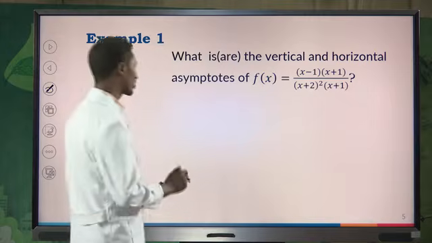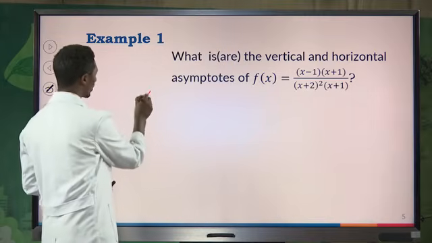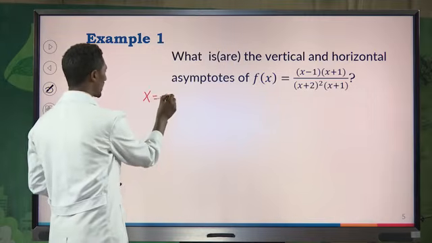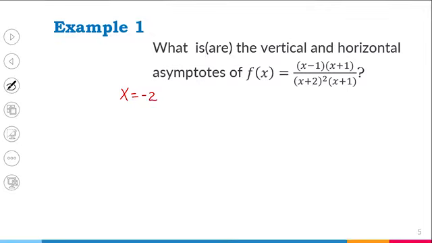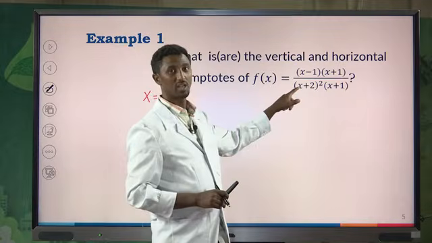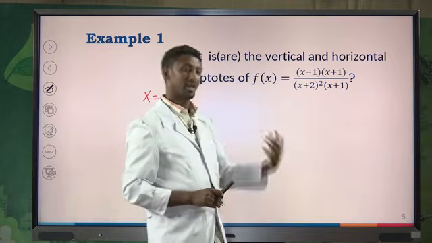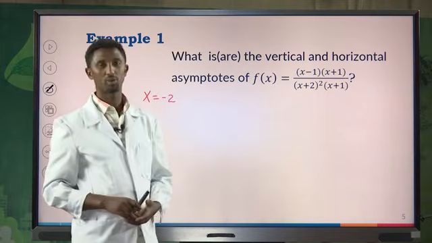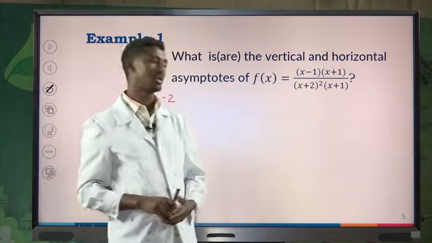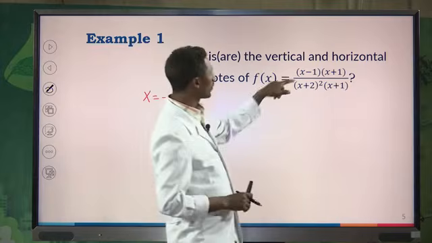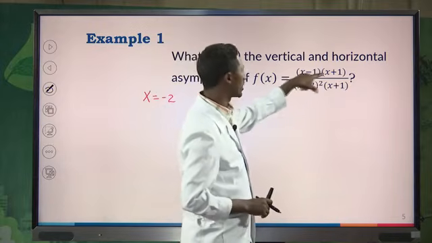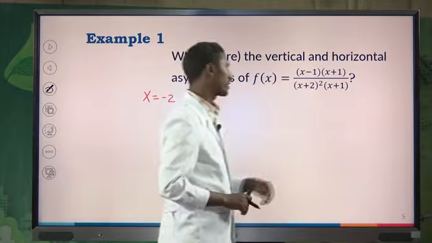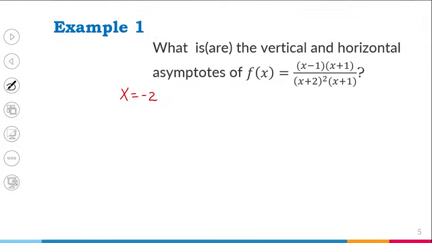At x equals minus 2. So let's check whether x equals minus 2 is a vertical asymptote or not. Here, it makes the denominator equal to 0, and at the same time, we have to check that the numerator is different from 0. If we substitute minus 2 into the numerator, it is different from 0. So x equals minus 2 is a vertical asymptote.